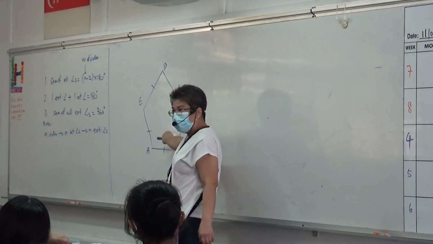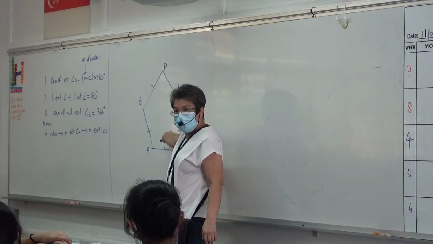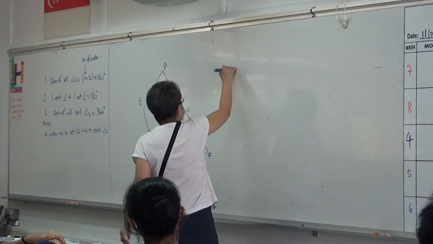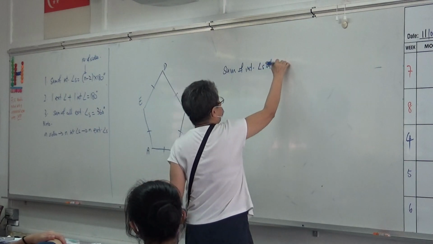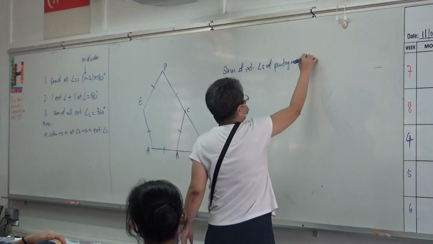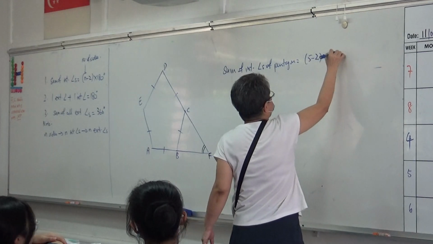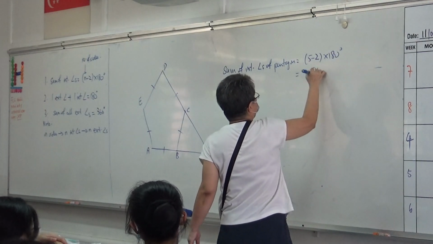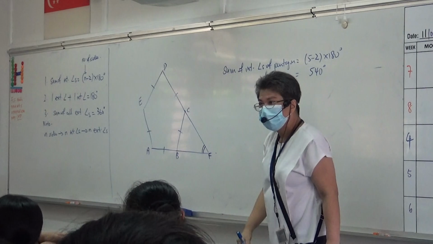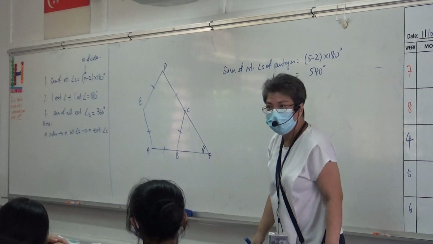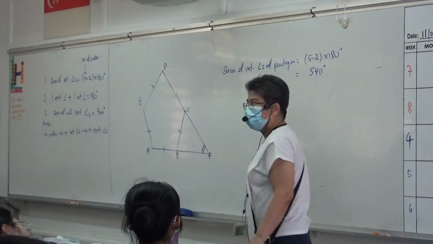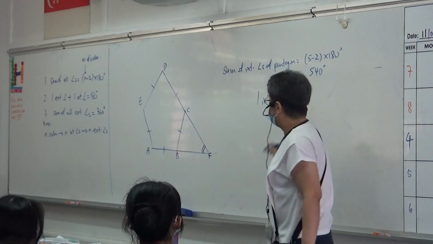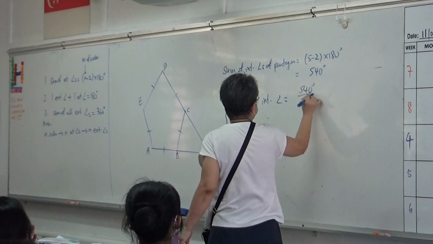Now let's take a look. This is a regular pentagon, correct? Okay. Sum of interior angles of a pentagon will be (5 minus 2) times 180. This will be 540, right? What about one interior angle? 540 divided by 5.